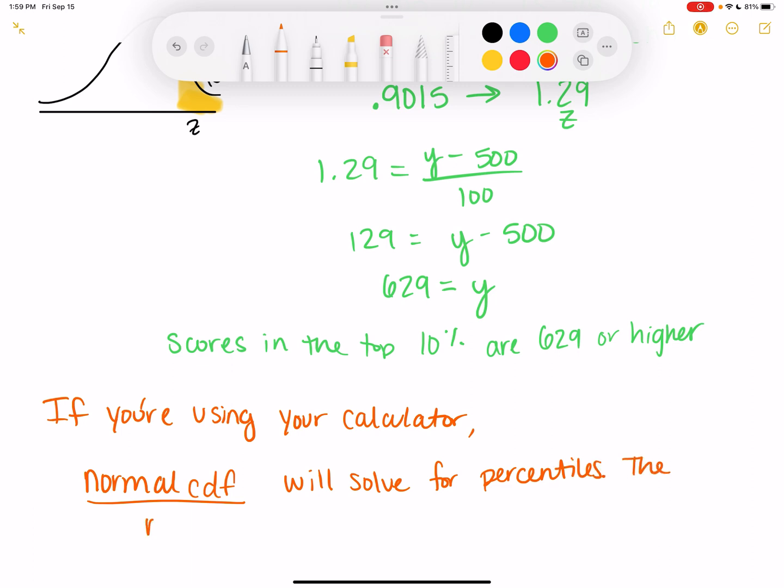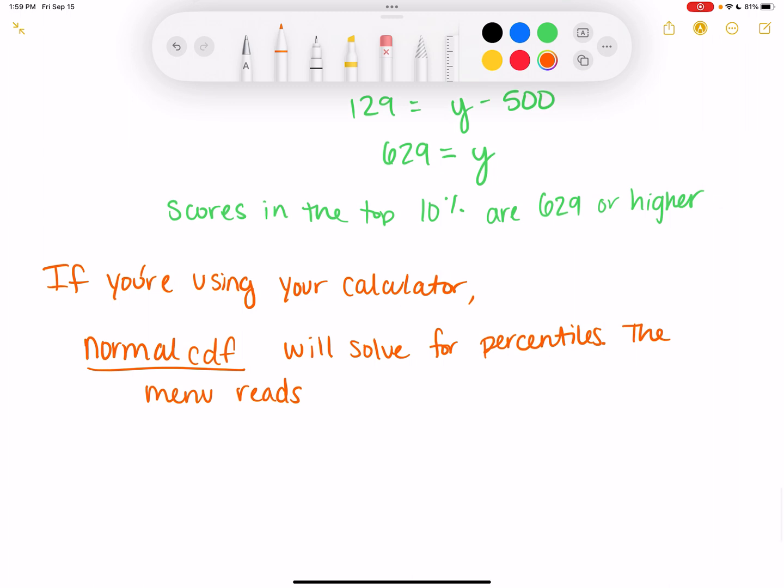The menu is going to read, so basically what it's going to ask you for: lower, so what's getting plugged in here is the lower boundary, Z or the value.